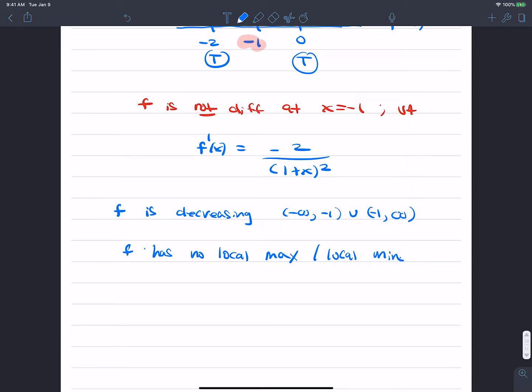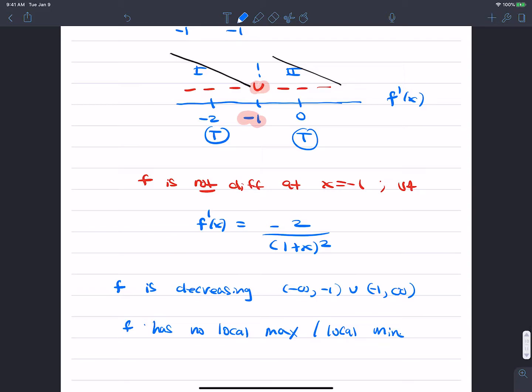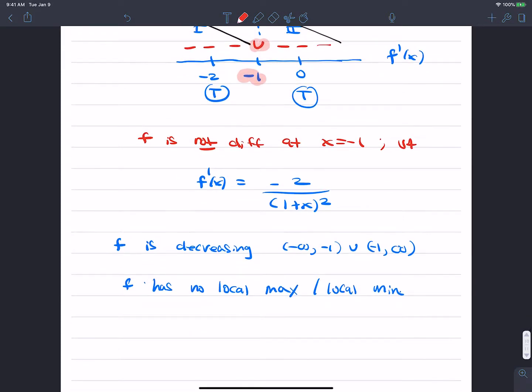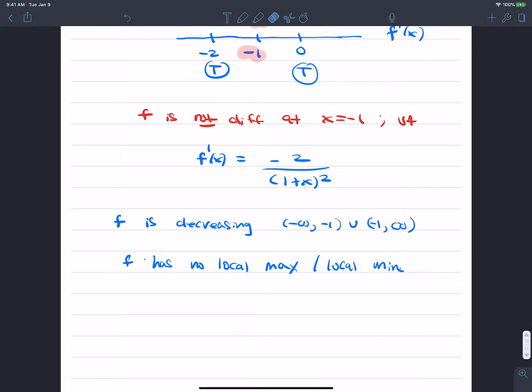That's important information too. Why doesn't it have a local max or min? Because it doesn't have a valley and it doesn't have a hill. So no local max, no local min. Let's make sure we put that down.